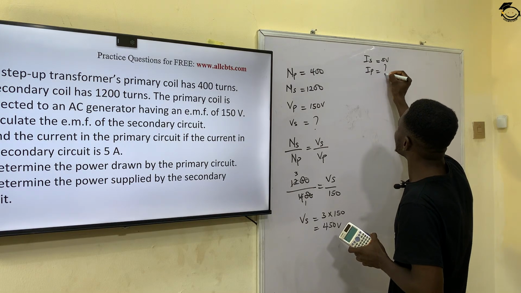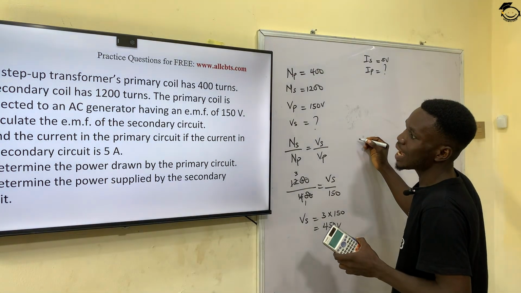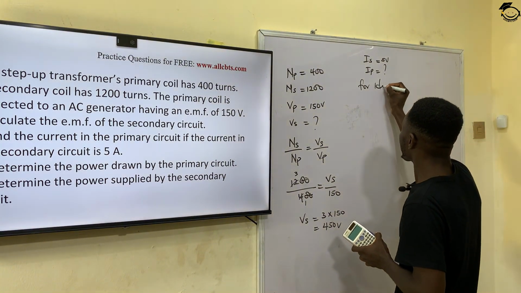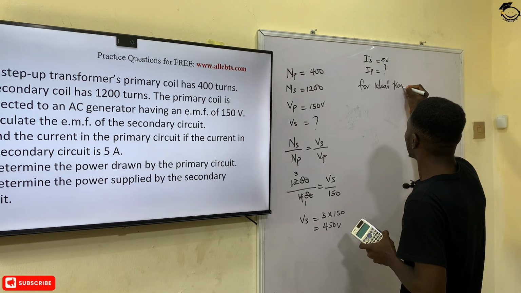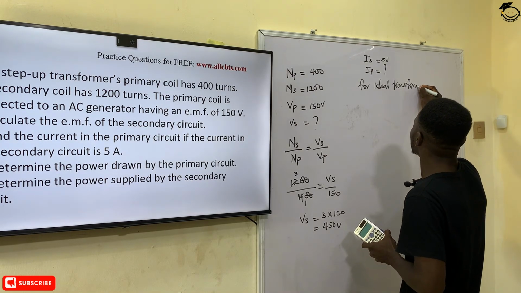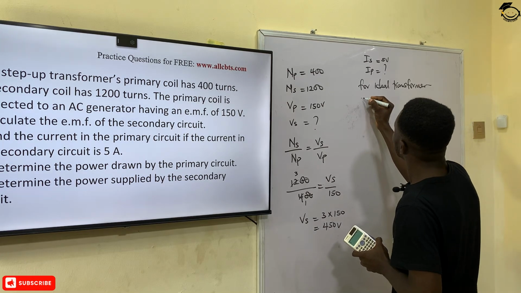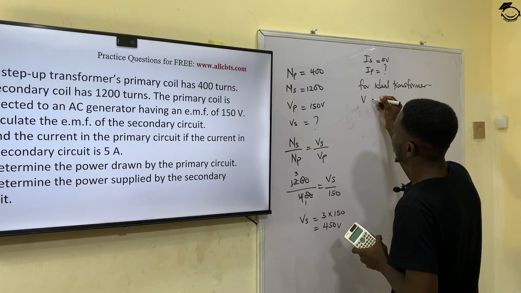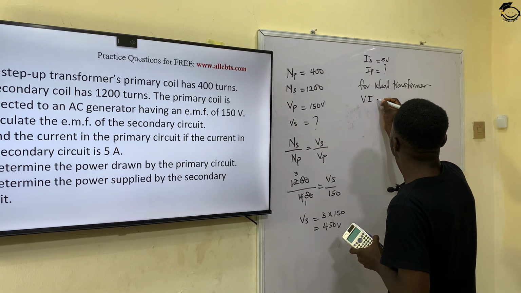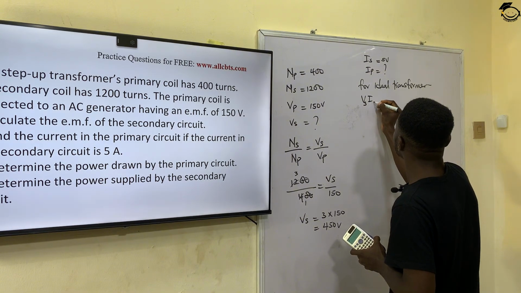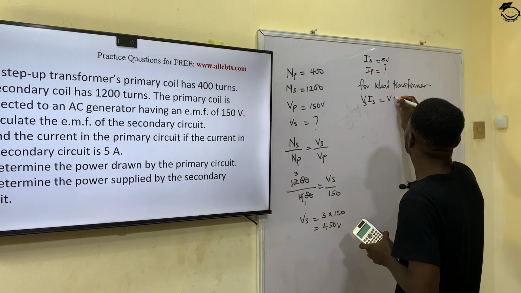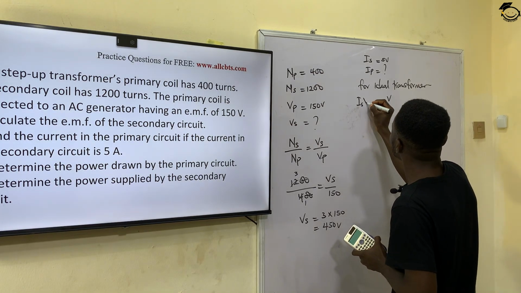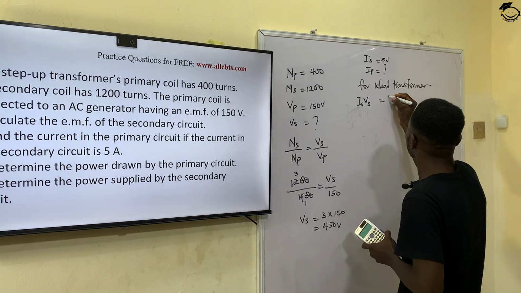We do not know it, but we know that for an ideal transformer, ISVS will be equal to IPVP.